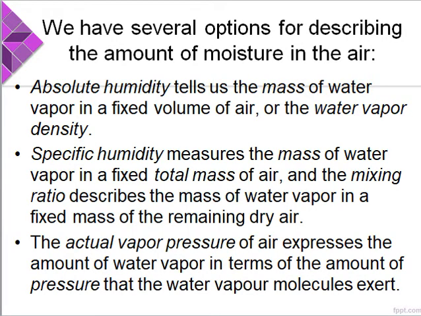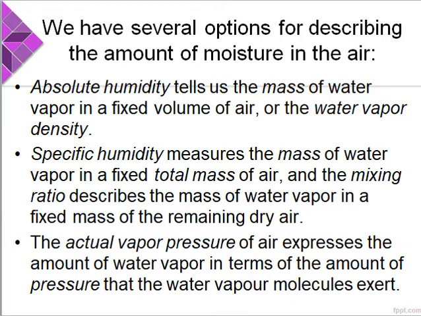We have several options for describing the amount of moisture in the air. Number one, we have absolute humidity. It tells us the mass of water vapor in a fixed volume of air, or the water vapor density. Specific humidity, on the other hand, measures the mass of water vapor in a fixed total mass of air.